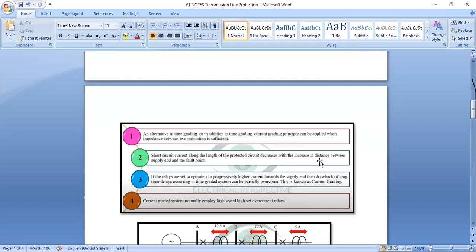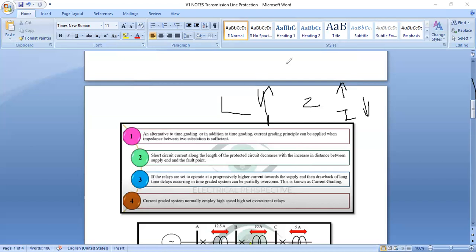The short circuit current along the length of the protected circuit decreases with increase in the distance between the supply end and the fault point. It means when the length of the transmission line increases, the impedance also increases and the current level decreases. This is the meaning of the short circuit current decreasing with increase in the distance between supply end and fault point.